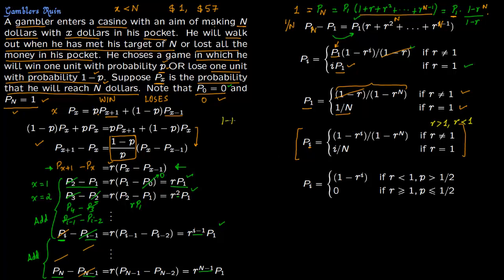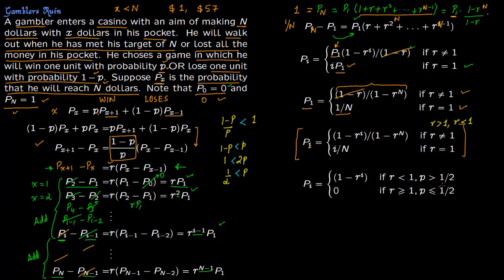Greater than 1 means (1 minus p) by p is greater than 1, and that becomes 1 minus p greater than p, or you can say 2p is less than 1, or p is less than half. And if it's less than 1, then 1 minus p will become less than p, then p is greater than half.